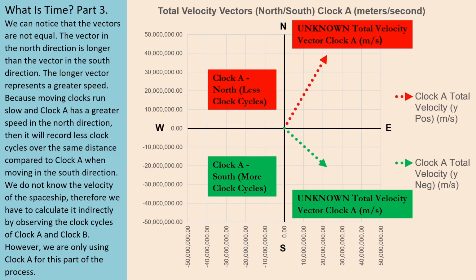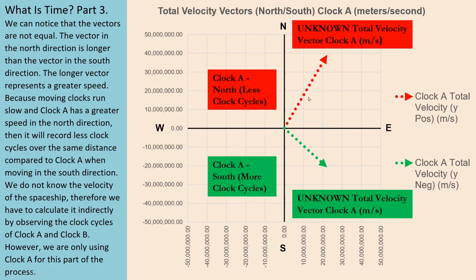Because moving clocks run slow, and clock A has a greater speed in the north direction, it will record fewer clock cycles over the same distance compared to clock A when moving in the south direction. We do not know the velocity of the spaceship, therefore we have to calculate it indirectly by observing the clock cycles of clock A and clock B. However, we are only using clock A for this part of the process.